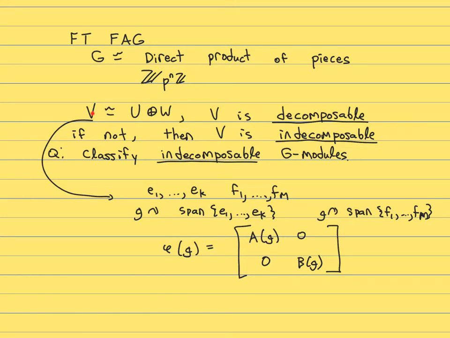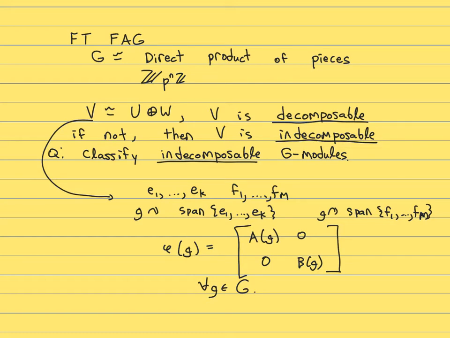And so when we talk about is V decomposable, what we're really asking is is there a basis for which all the matrices can be written in block diagonal form.